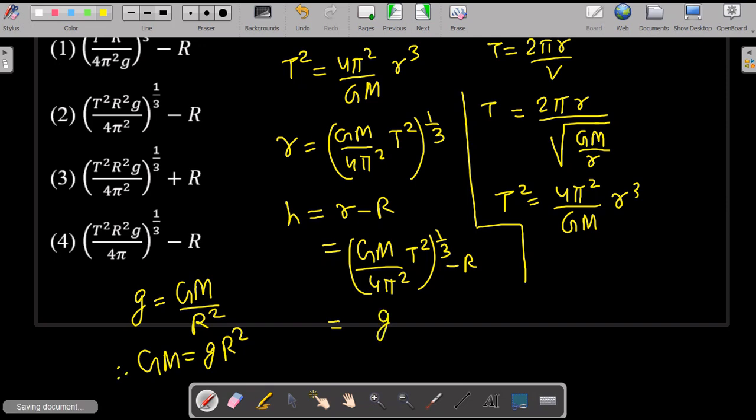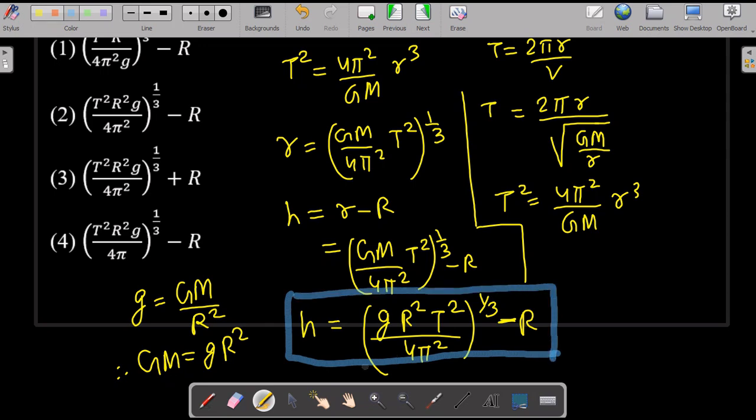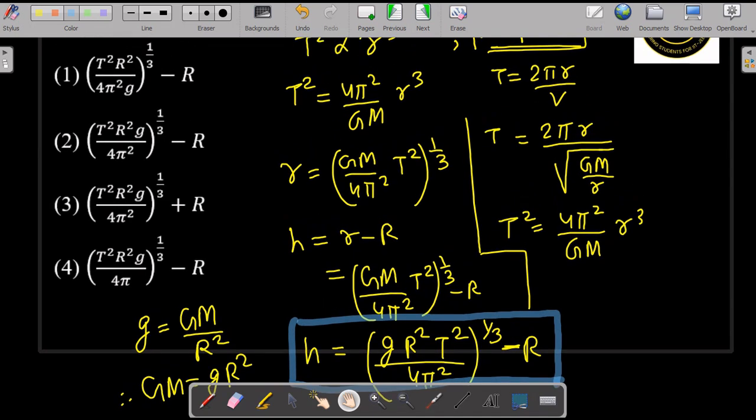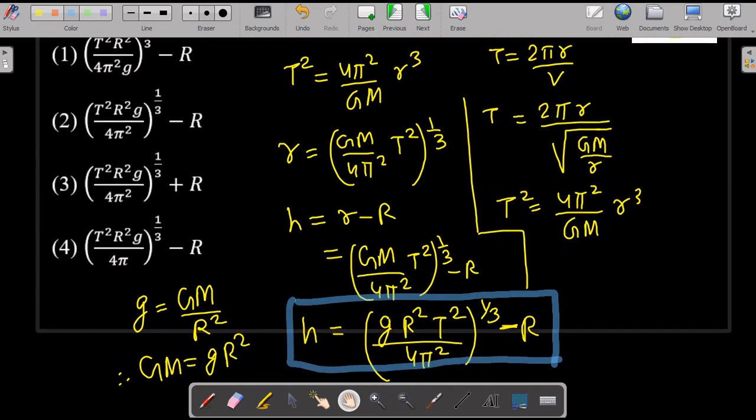So small g R square T square by 4 pi square, power 1 by 3, minus R. This is the height, isn't it? So we can calculate height like this. g R square T square by 4 pi square, power 1 by 3, minus R. Second option, right? Okay. Let's move to the next.